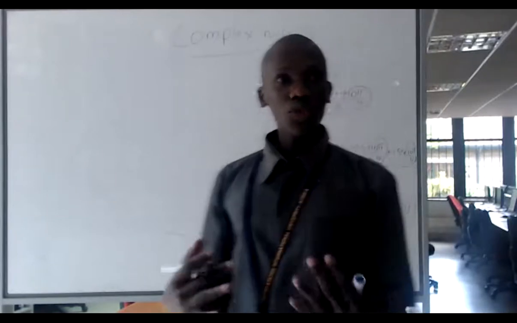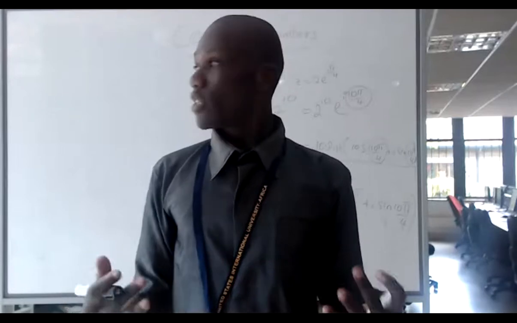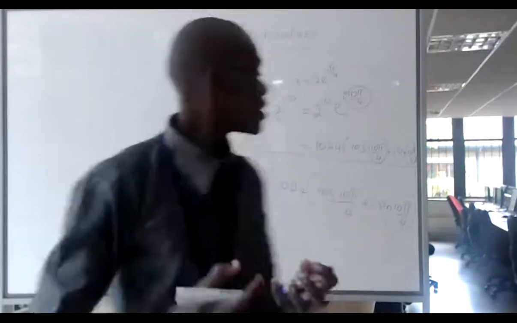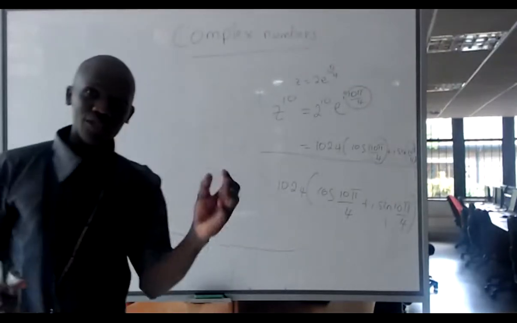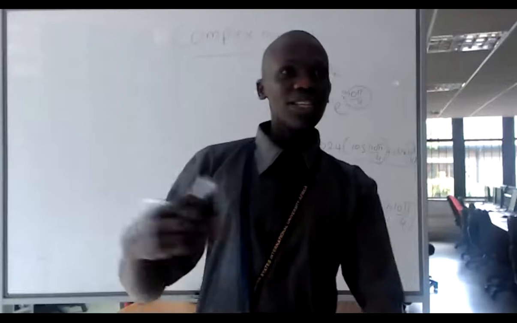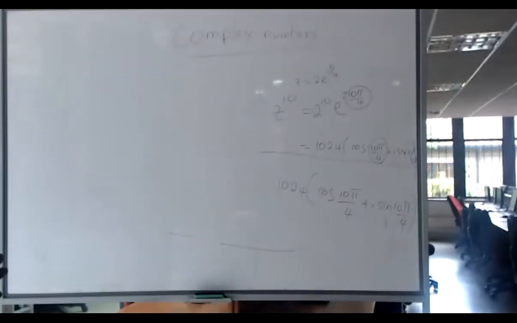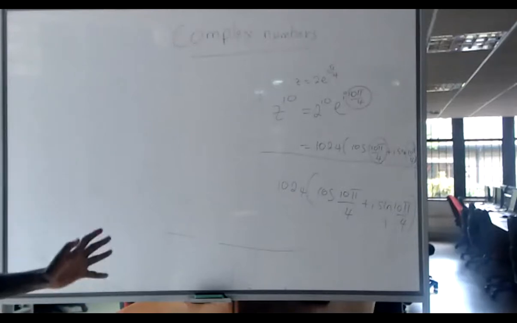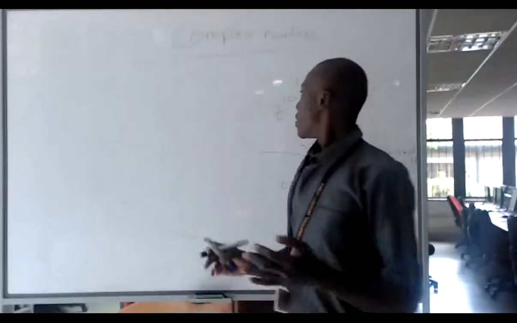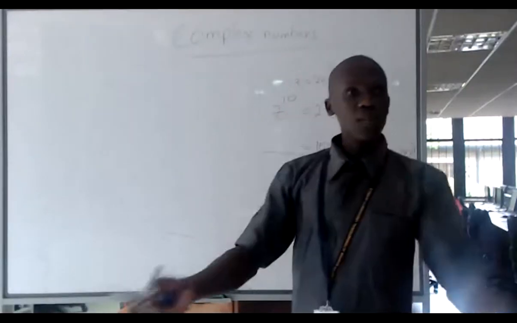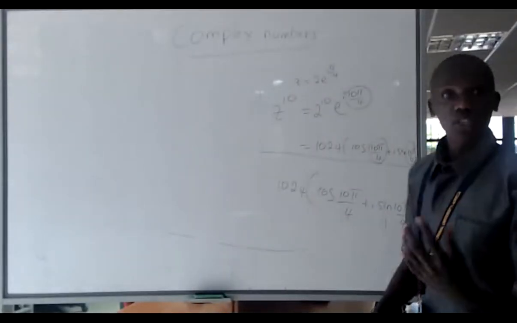This class should not just be about getting A's and passing your exam. It's about understanding these concepts. My aim is that you understand. Don't worry about the grade or the marks. My main objective is that you understand what you're doing. If you're talking of complex numbers, you know the absolute value and the magnitude of a complex number, and you know how to find the rectangular, trigonometric, polar and exponential representations.